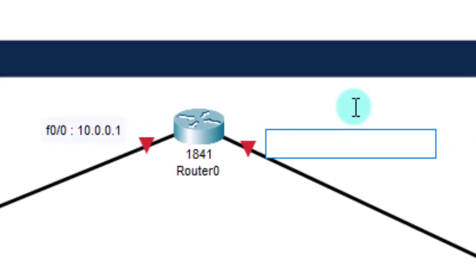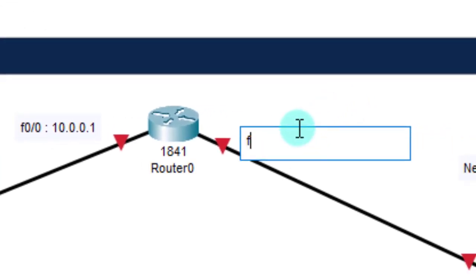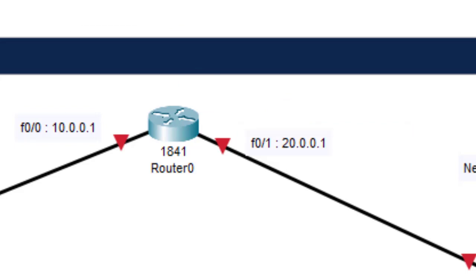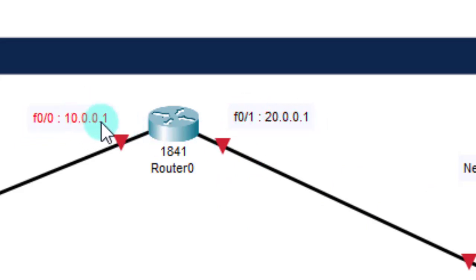In the same way, here is F0/1, and this is my 20.0.0.1. So this is my router: F0/1 is 20.0.0.1, and this is your 10.0.0.1. So these are the two connection points of the router.